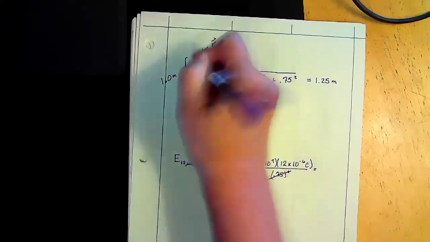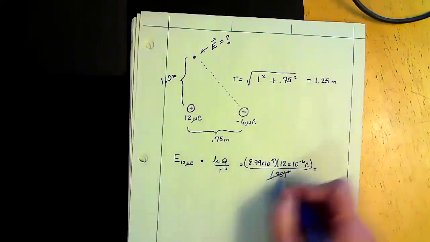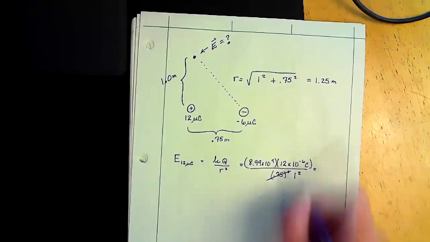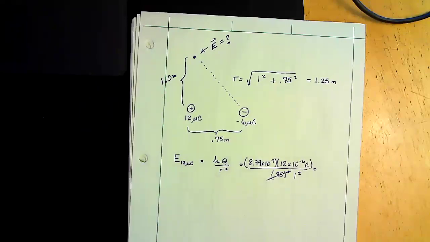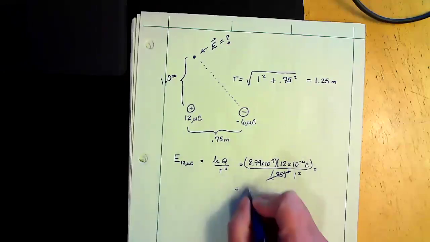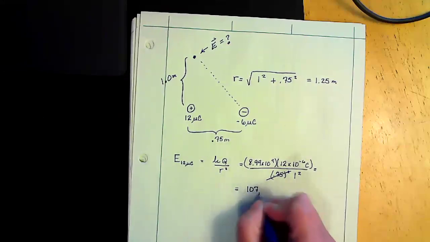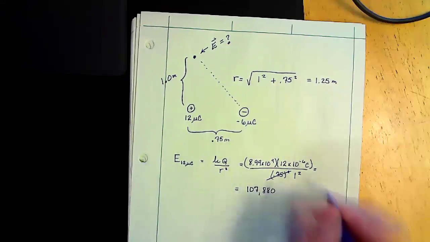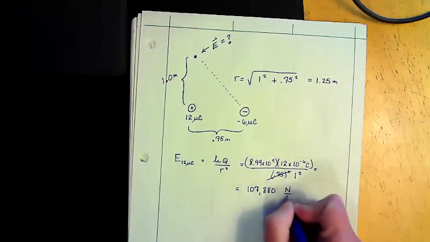We're doing this point, not that point. So this is going to be 1 squared. So that is going to be a different number. So this is going to equal 107,880 Newton per coulomb.